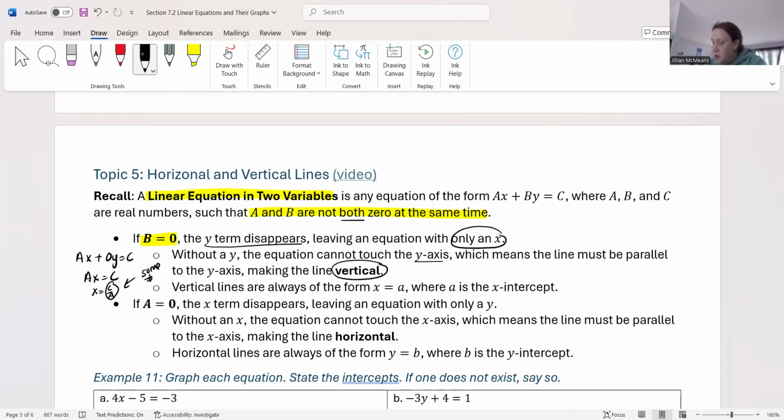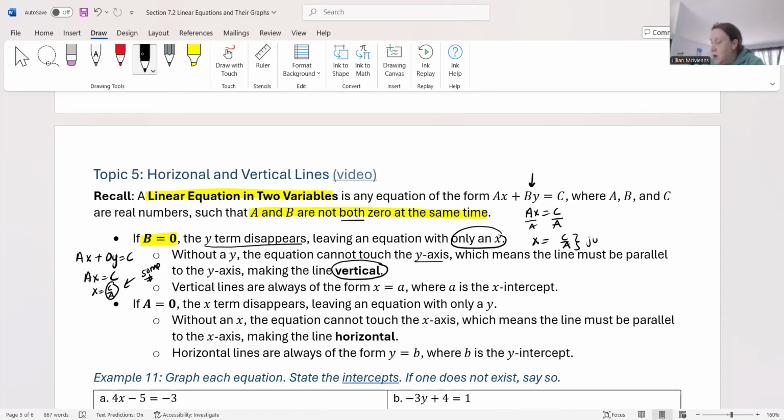It's a lot to take in without big graphs, but I'll show you in just a minute. Again, if b is equal to 0, the coefficient of y is 0, that y term just becomes 0, leaving us with ax equals c. If we solve for x, we divide both sides by a, and x equals c over a.